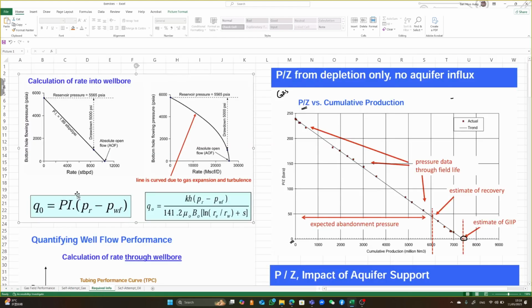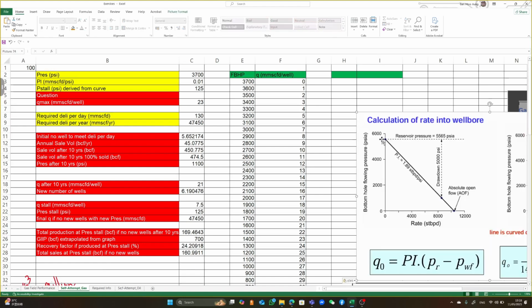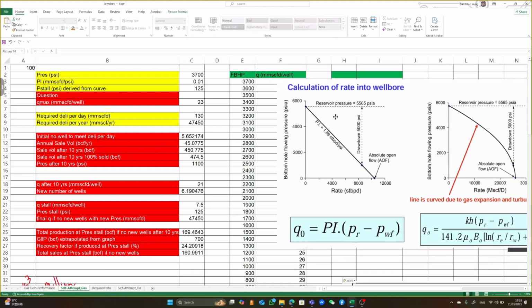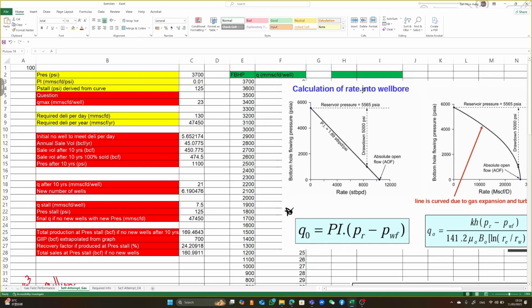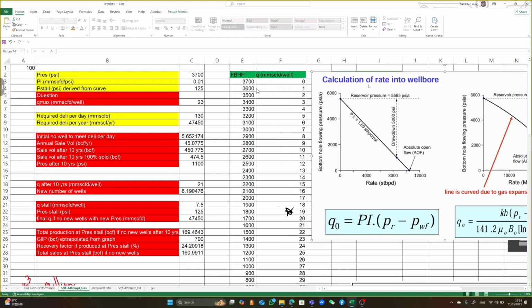Let me copy it and paste it over here so that you know what I'm doing. I just told you that this is the one that we'll be using. So we have to calculate the flow rate against flowing bottom hole pressure.